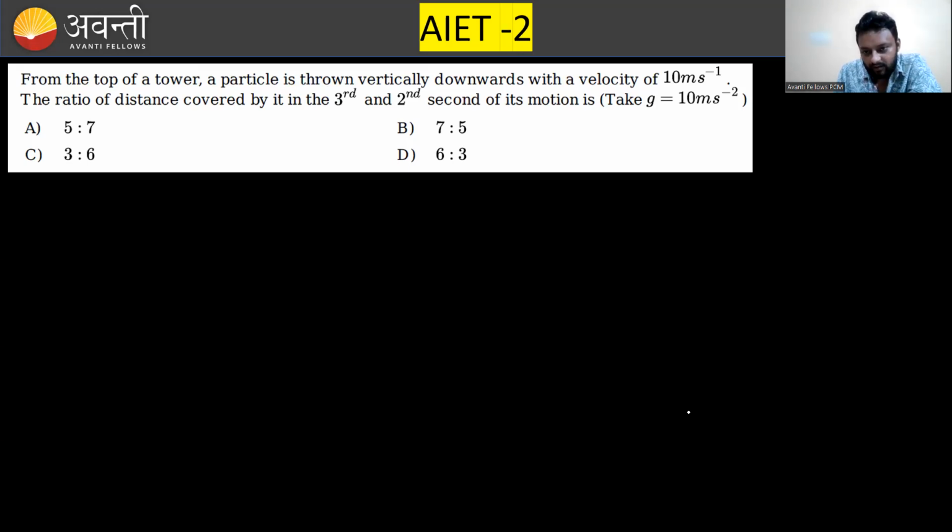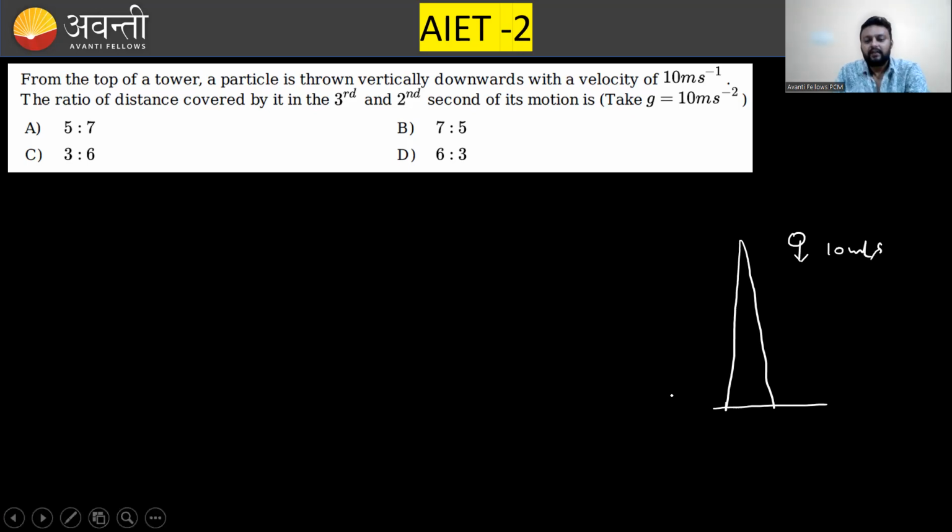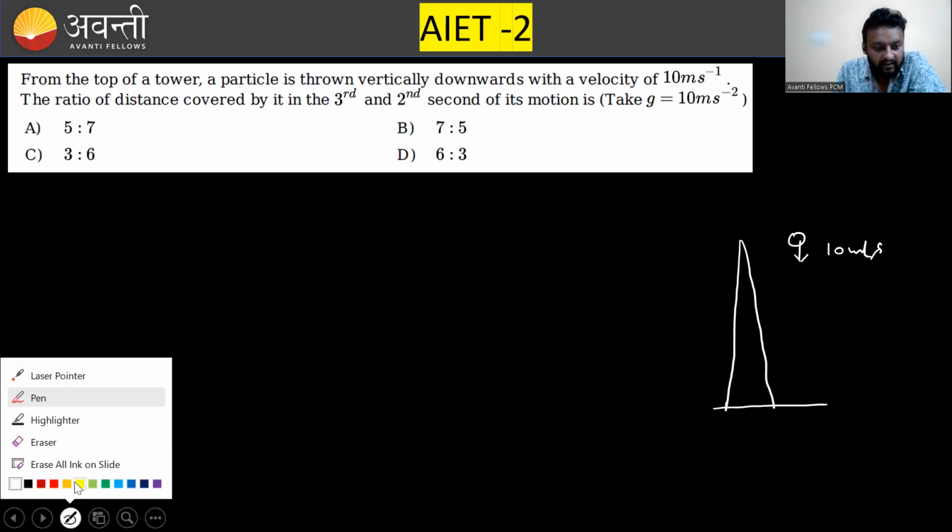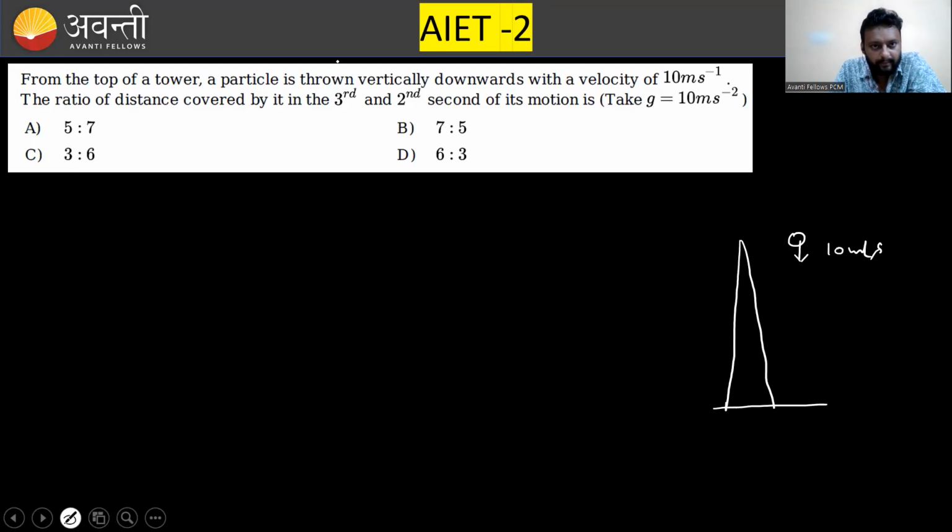Let's suppose, if I can draw, this is a building or a tower, whatever you want. So from here, a ball is thrown downward with some velocity 10 meter per second. Now, if I say, what is the distance moved by the particle in the nth second?